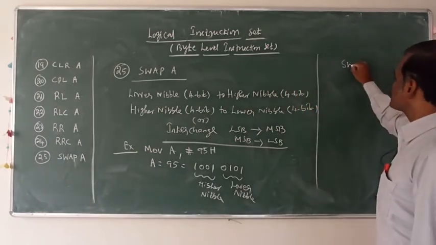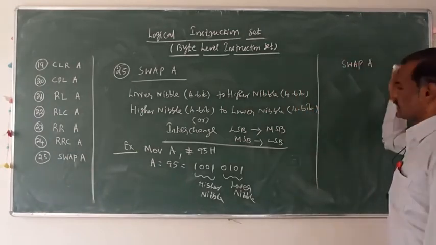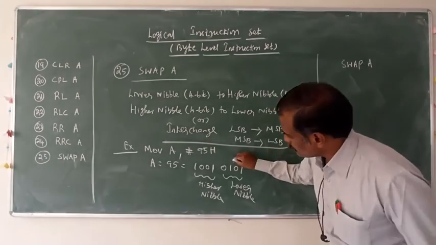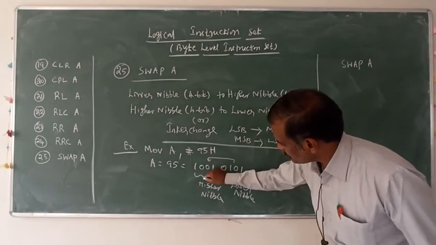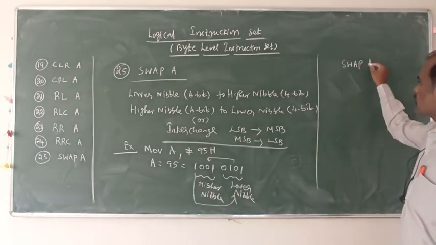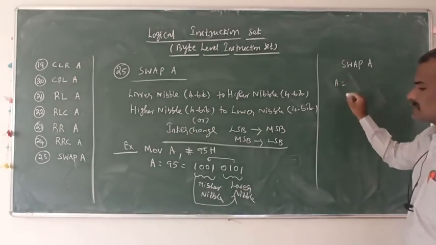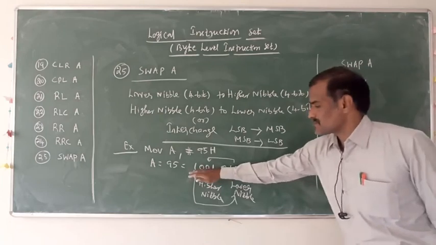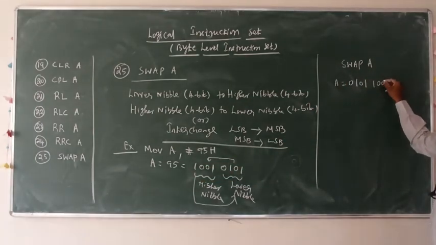After SWAP A, now this 4-bit data moves here, and this 4-bit data moves to this position. Now after swap, register A is 0101, and this 4-bit data moves this side, 1001.